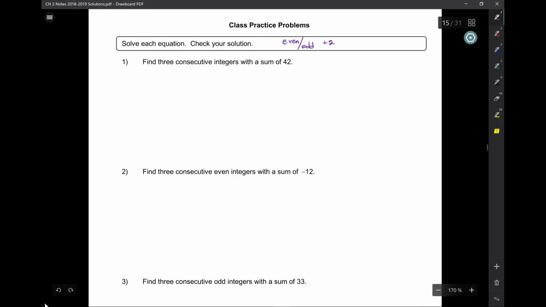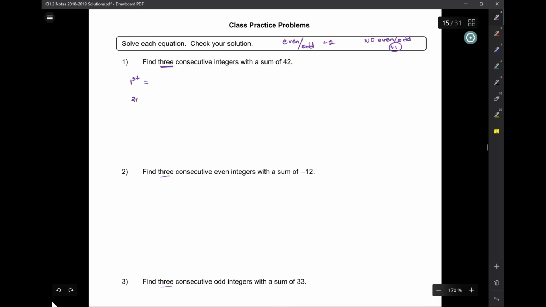If there is no even or odd, then you're just going to do plus 1s. How many numbers? That's from the problem. It looks like in all of these you're looking for 3 of them.